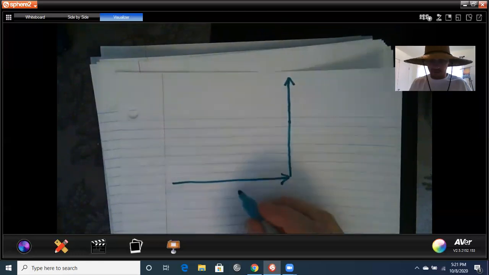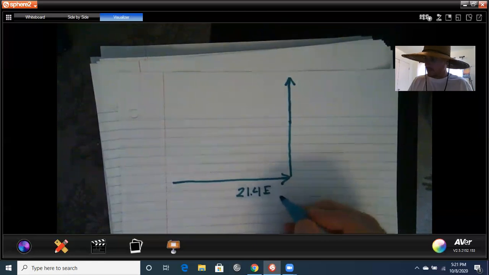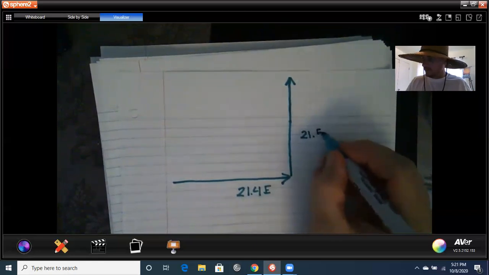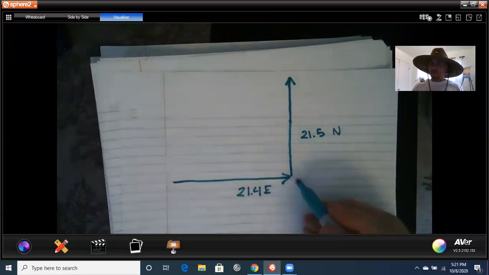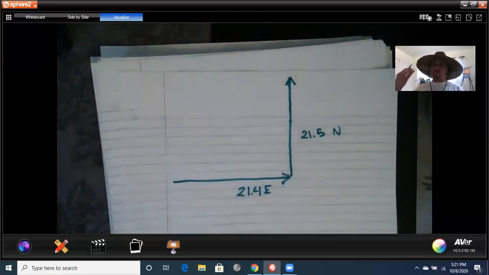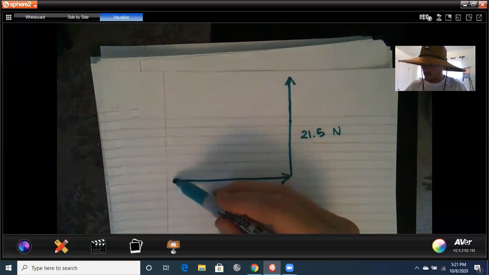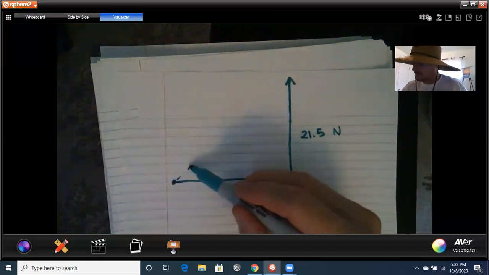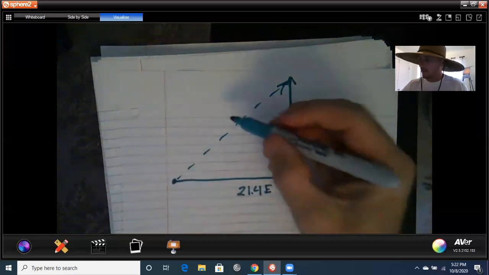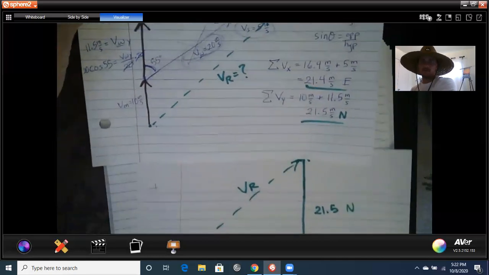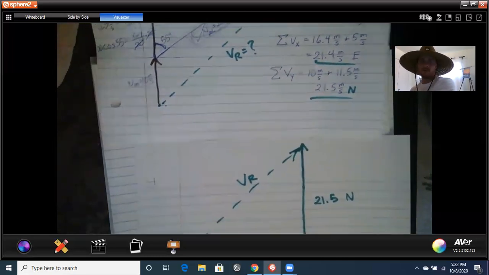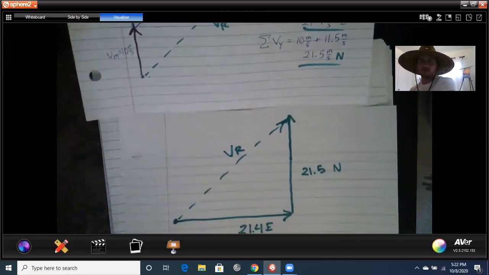So this is 21.4 east, and this baby is 21.5 north. Notice I put them head to tail, right? And the result vector I'm looking for goes from the tail of the first to the head of the last. That is VR. And I think you can agree that that VR is pretty much like that VR, right? They're pretty much identical. If I can get it both on the screen, I can't quite, but you can see what I mean.